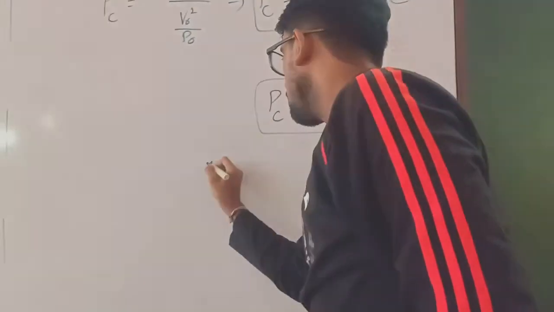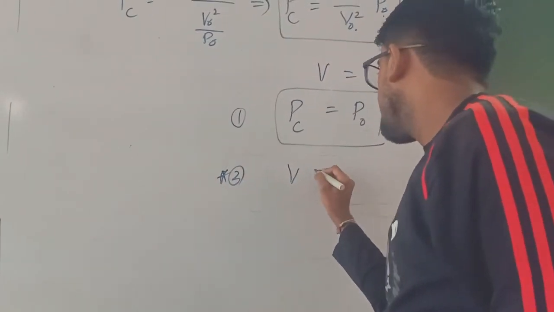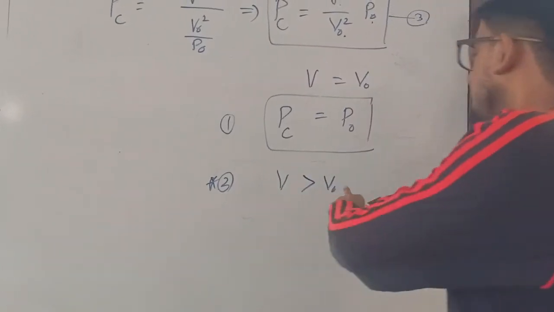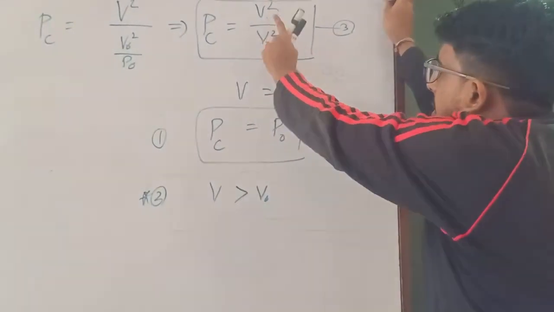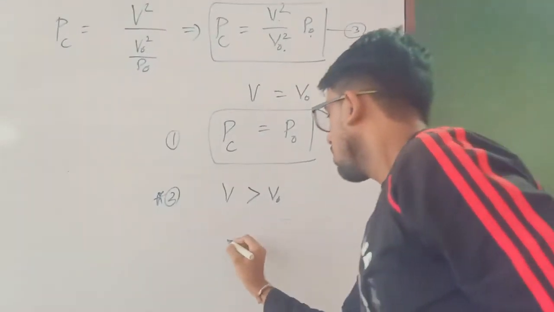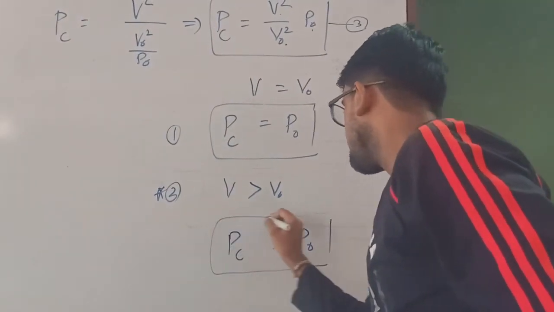But in case 2, let this be 1. In case 2, if the applied potential is greater than the potential rating given by the manufacturer, what will happen? V will be more than V naught. So power consumption will be greater than the power rating given by the manufacturer.